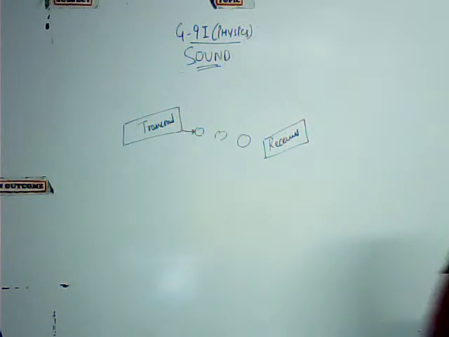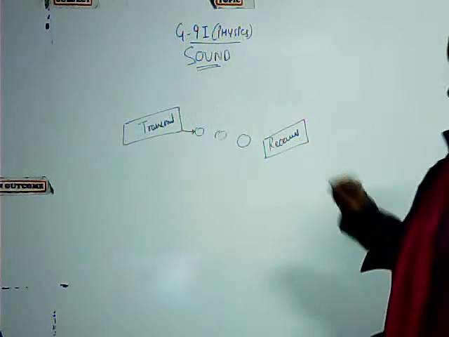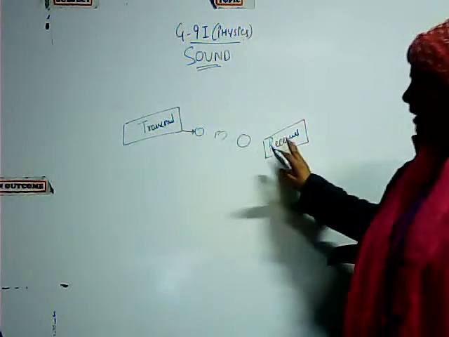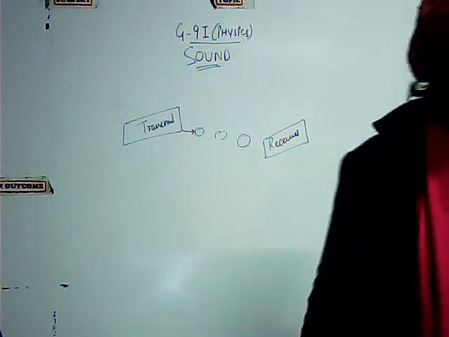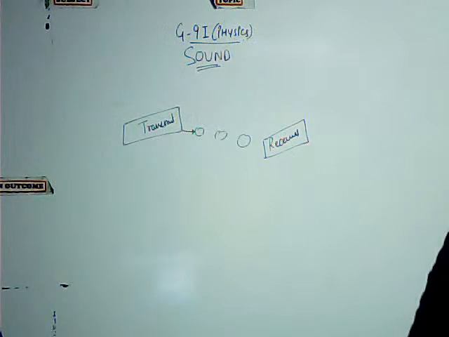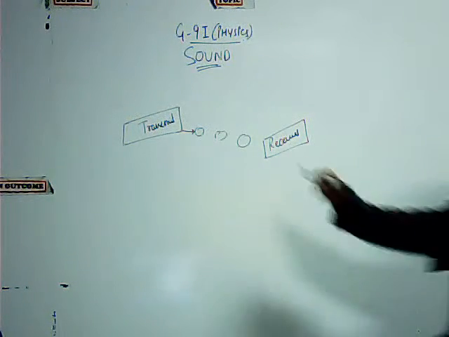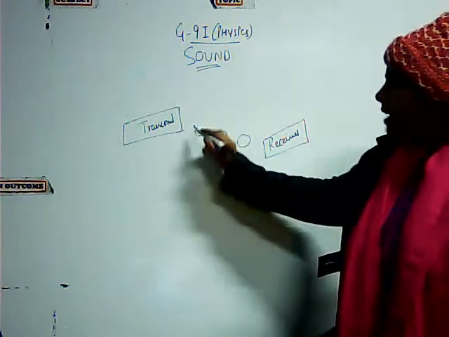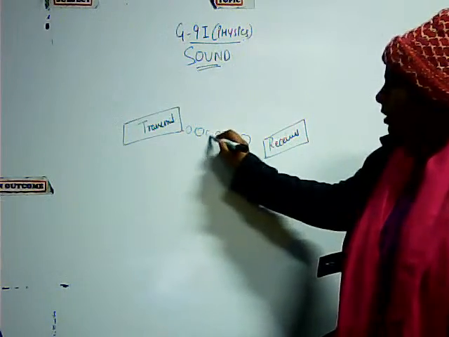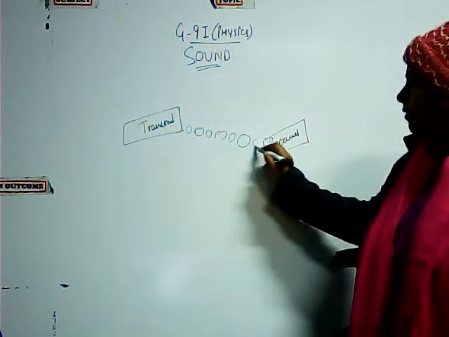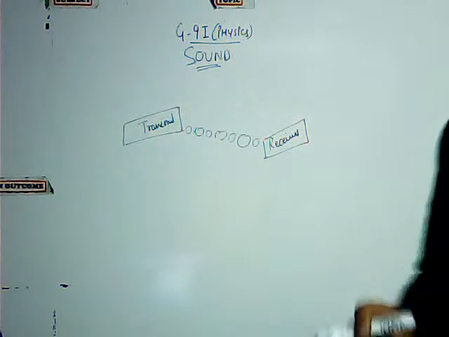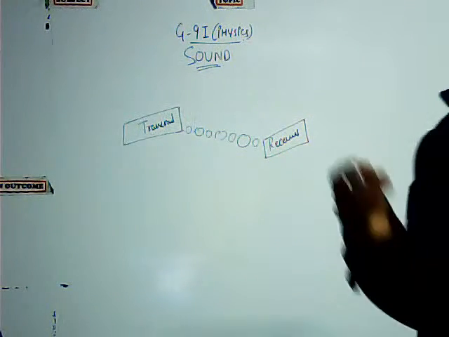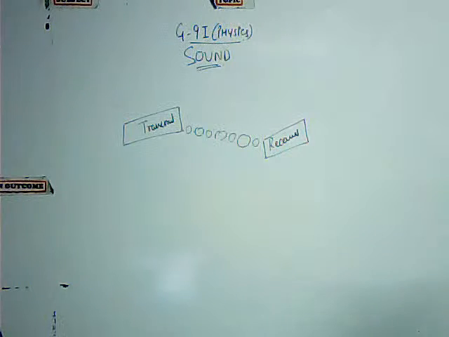Okay, now understand one more thing over here. In between the transmitter and receiver, here we have only 3 molecules. Okay? Now, if there are going to be more molecules, let's say we have one molecule here, one molecule here, one molecule here, one over here, a number of molecules are there. तब ट्रांसमिशन फास्ट होगी कि स्लो होगी?